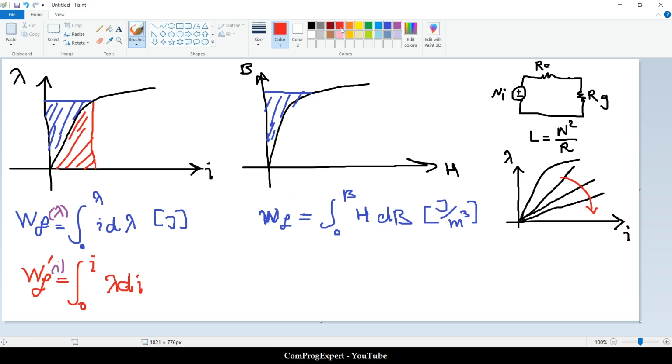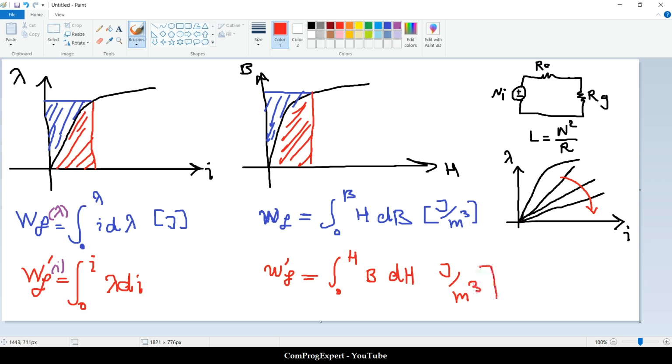Again, we can define the same here for field quantities. The co-energy density is the integral from 0 to H of B dH. This is joule per meter cube.